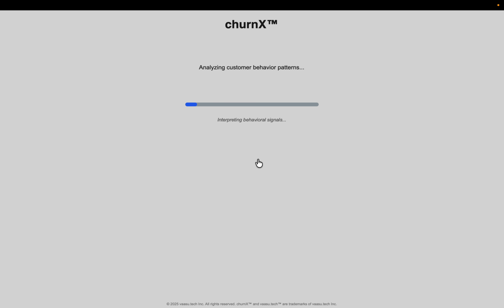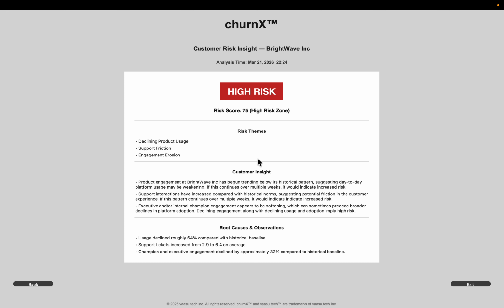If we analyze the risk in this scenario, churnX has again predicted correctly that this particular customer, Brightwave Incorporated, is now at a high risk of churn. It produces a visible number in addition to the visible label, 75, which indicates high risk zone, and it detects the risk themes, which are declining product usage, support friction, and engagement erosion.